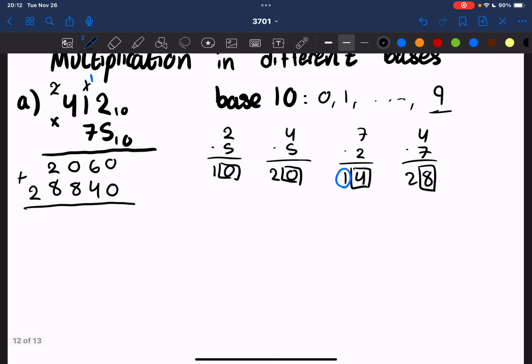So what we do is we add these numbers here, and then we check, okay, does it overflow? Does it fit into our 10 digits? And if not, then we do carries, right? So what's 0 plus 0? It's 0. What's 6 plus 4? That's 10, right?